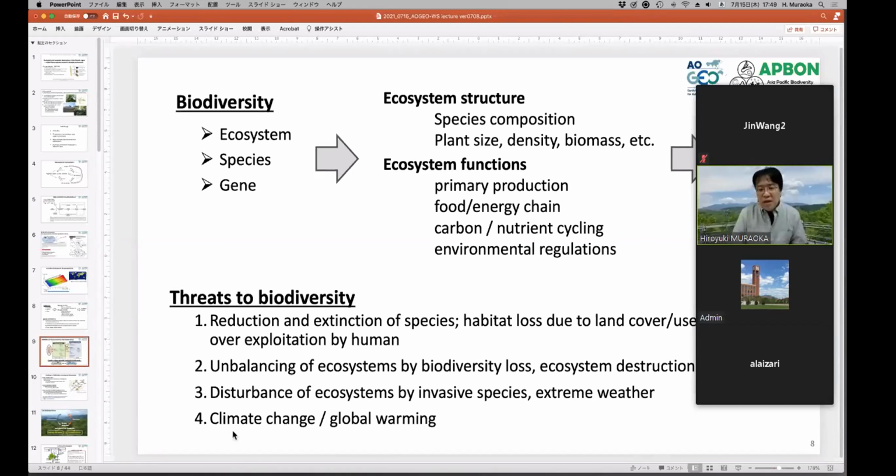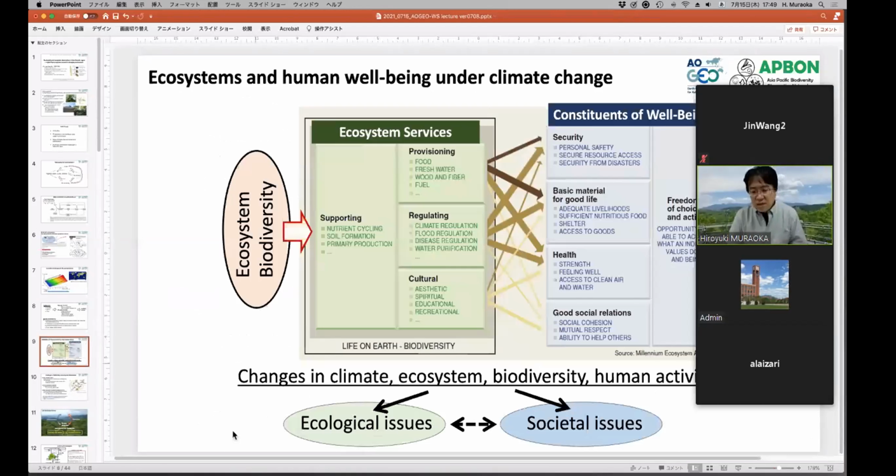Again, this is a brief scheme showing the relationship between ecosystem services and how all these ecosystem services are related to human well-being. So ecosystem and biodiversity influence the supporting processes of the ecosystem services, including nutrient cycling, soil formation, and primary production.